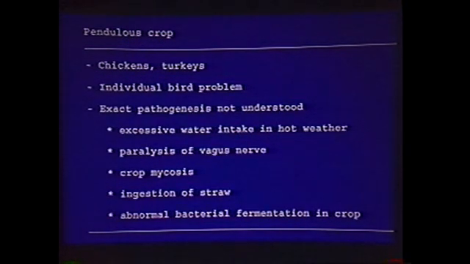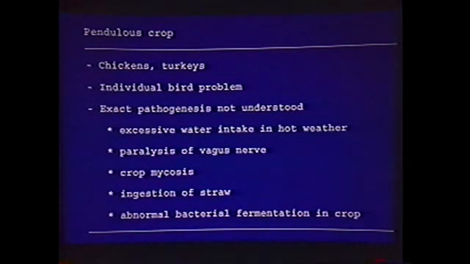sour fluid with a smell, and maybe the opening of the crop into the lower esophagus or proventriculus is impacted with litter material. Another suggestion was abnormal bacterial fermentation in the pathogenesis of pendulous crop.